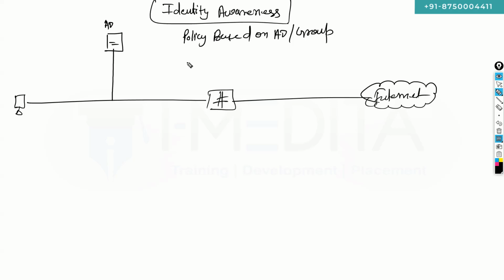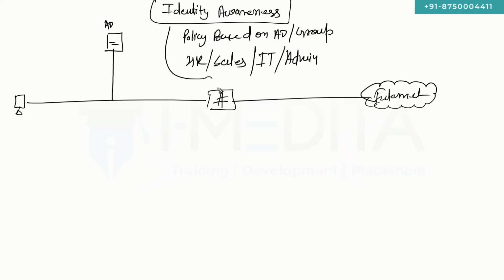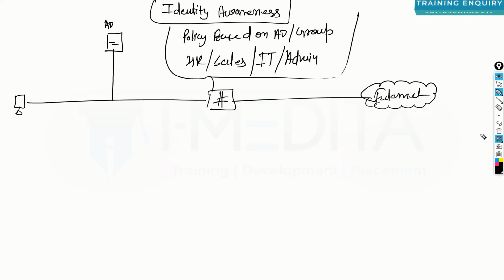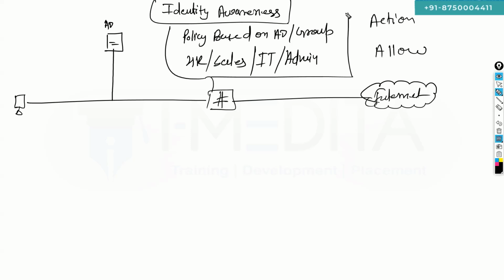Like on AD, we have an HR group, a sales group, an IT group, an admin group, like this. Now we want to deploy a policy on our firewall that if the source is HR, IT, sales, and admin, then the action is that they can access the internet in this way.